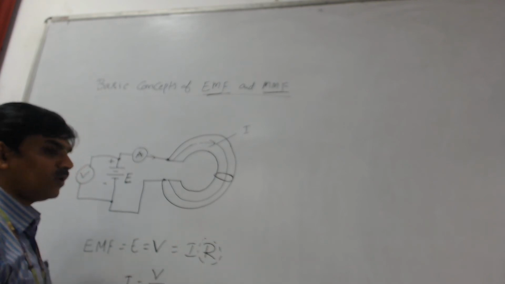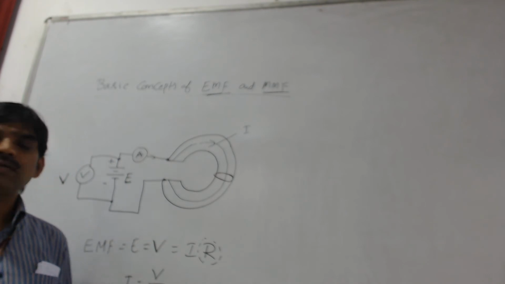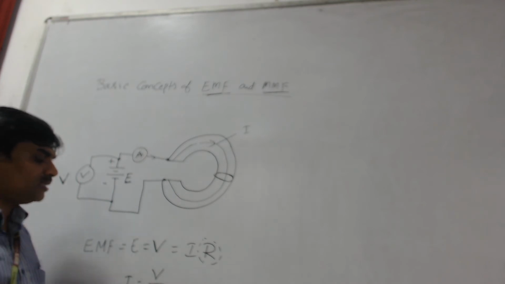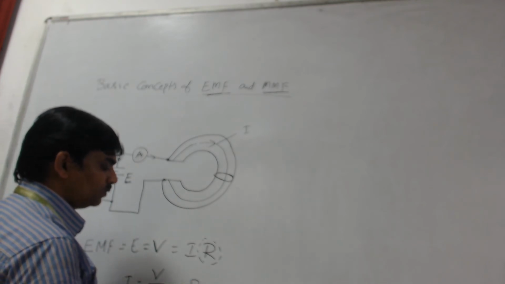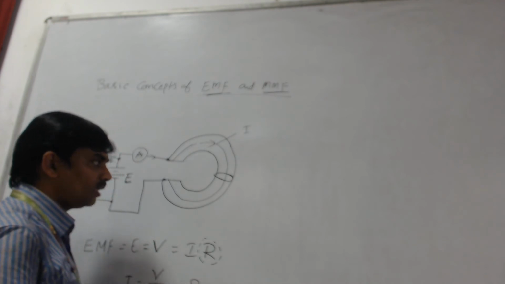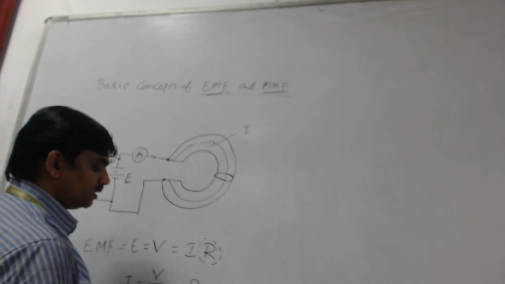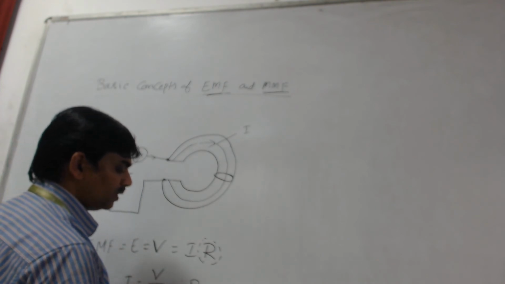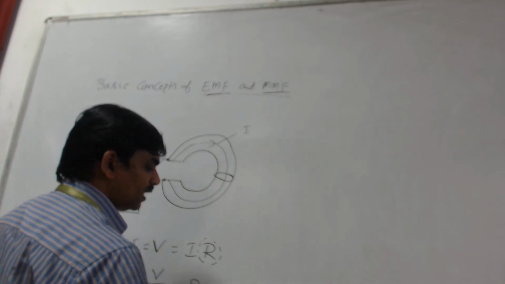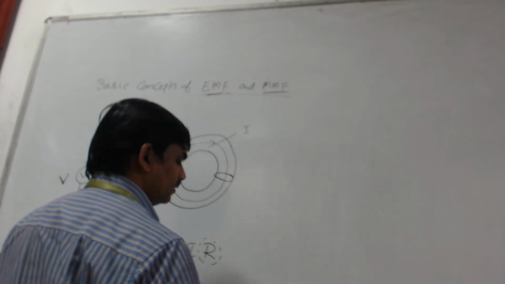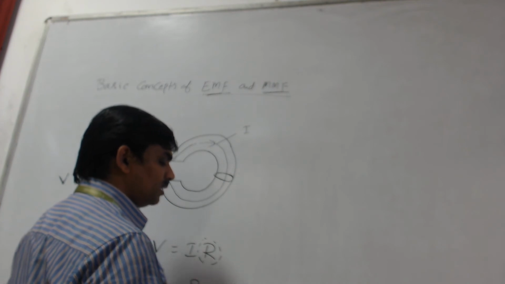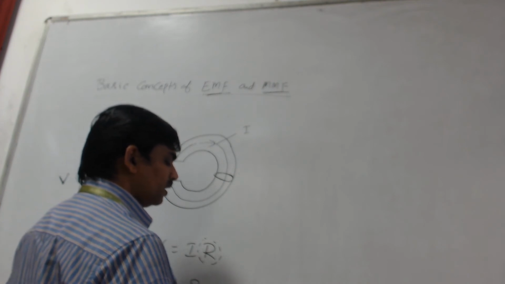A conductor, unless it is a superconductor, also has some resistance. This resistance is always proportional to the length of the conductor and inversely proportional to the area of the cross section.